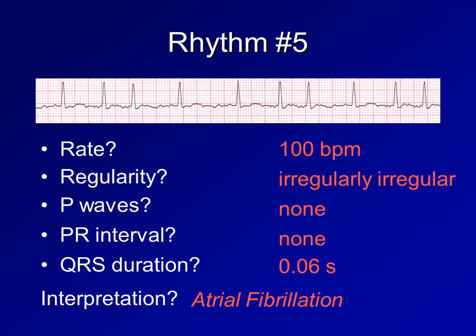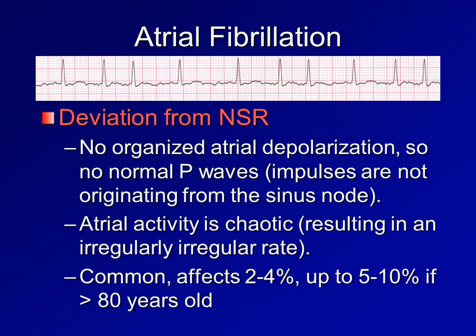Interpretation: atrial fibrillation. Deviation from NSR: no organized atrial depolarization, so no normal P waves. Impulses are not originating from the sinus node. Atrial activity is chaotic, resulting in an irregularly irregular rate. Common, affects 2 to 4%, up to 5 to 10% if greater than 80 years old.